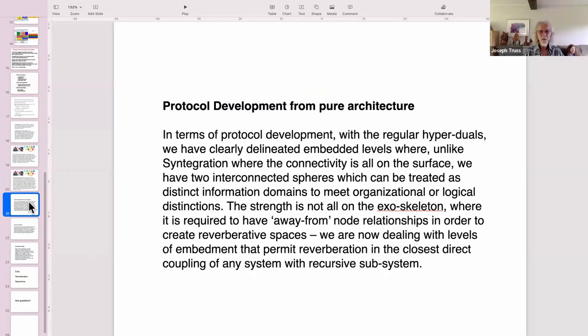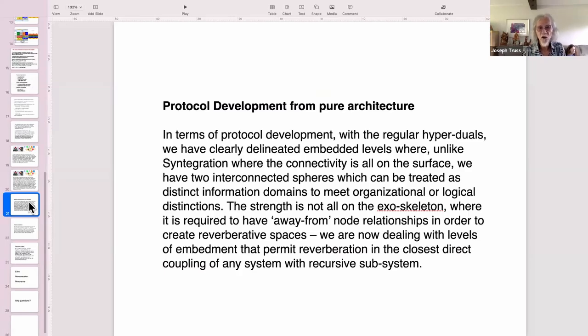So, protocol development from pure architecture. In terms of protocol development, with the regular hyperduals, which refers to all of the regular polyhedra and their duals, we have clearly delineated embedded levels where, unlike syntegration, where the connectivity is all on the surface, we have 2 interconnected spheres which can be treated as distinct information domains to meet organizational or logical distinctions.